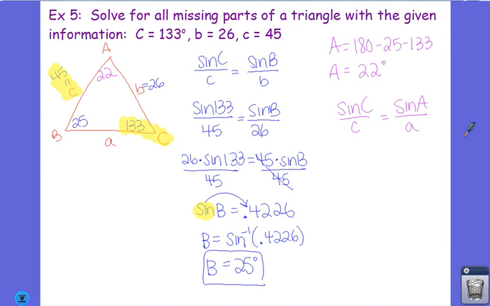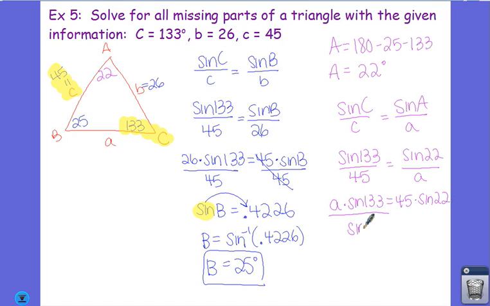Okay, so let's see what you ended up with. You should have had the sine of 133 divided by 45 equals the sine of 22 divided by little a. You should have had a times the sine of 133 equals 45 times the sine of 22.